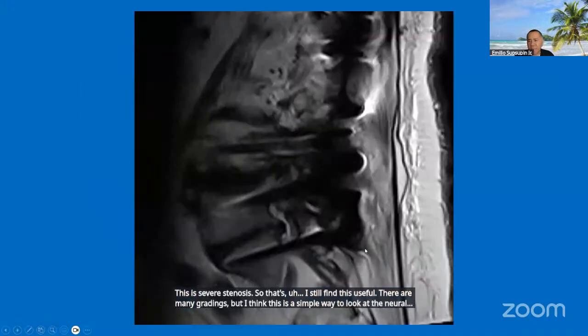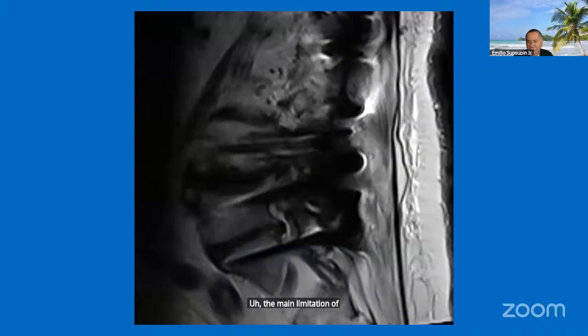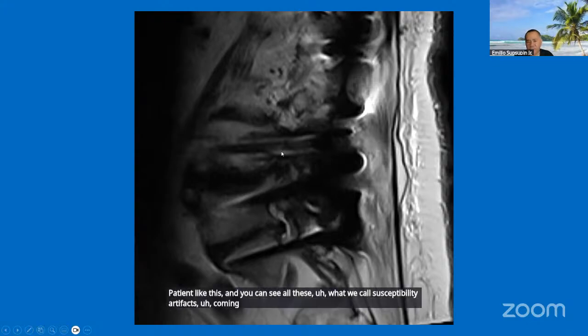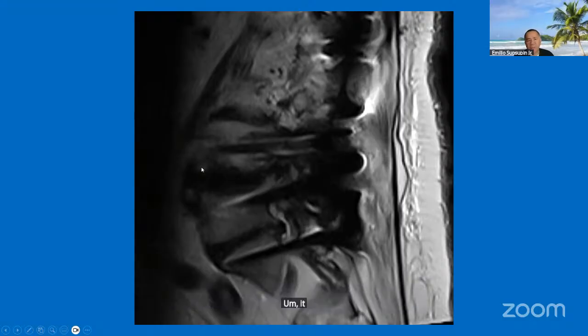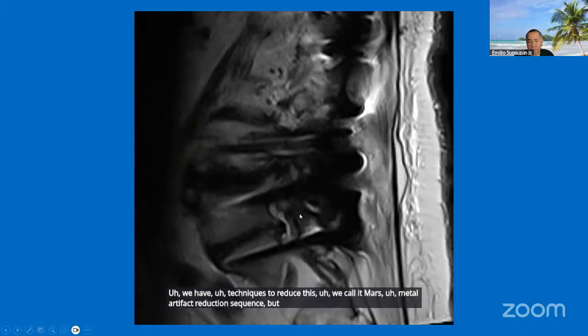The main limitation of MRI is when you have an instrumented patient like this, and you can see all this, what we call susceptibility artifacts coming from the hardware, from the screws. It basically distorts the signal and you will lose signal. We have techniques to reduce this, we call it MARS, metal artifact reduction sequence, but it's not 100%.